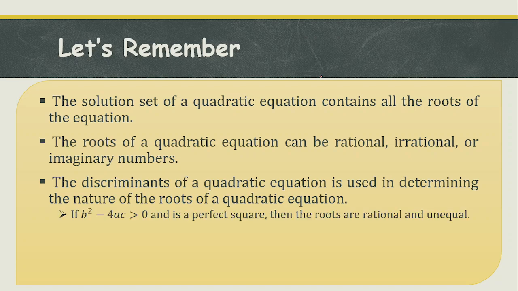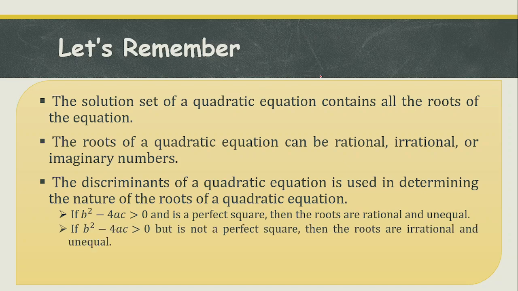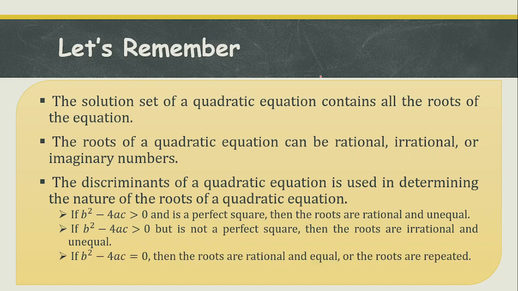So here are the cases. For case number 1, if the discriminant is greater than 0 and is a perfect square, then the roots are rational and unequal. Case number 2, if the discriminant is greater than 0 but is not a perfect square, then the roots are irrational and unequal. Case number 3, if b squared minus 4ac or the discriminant is equal to 0, then the roots are rational and equal, or the roots are repeated.